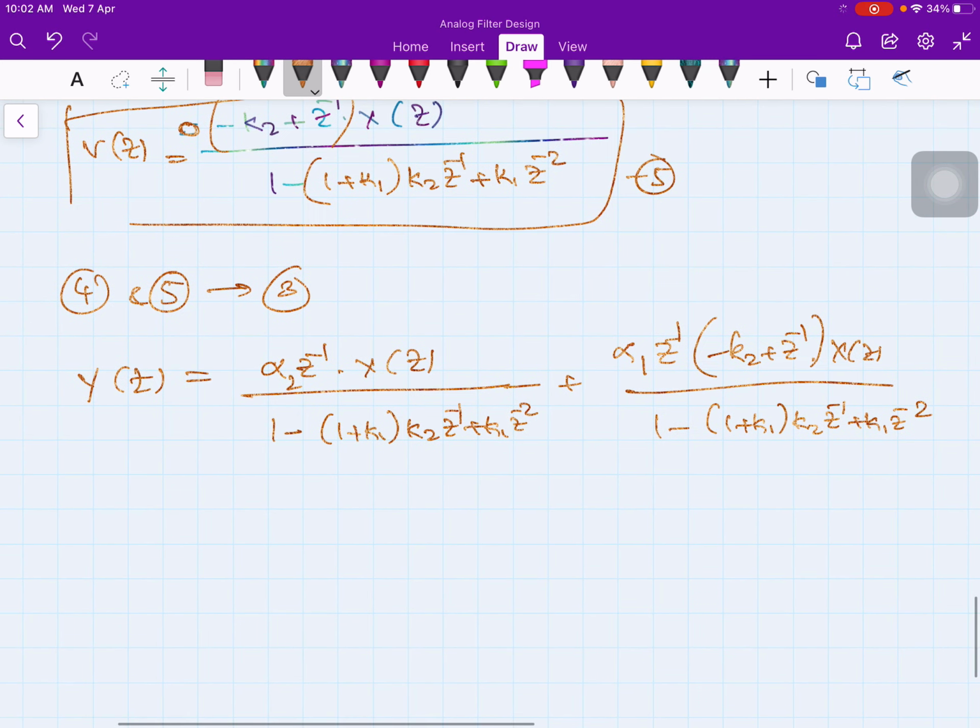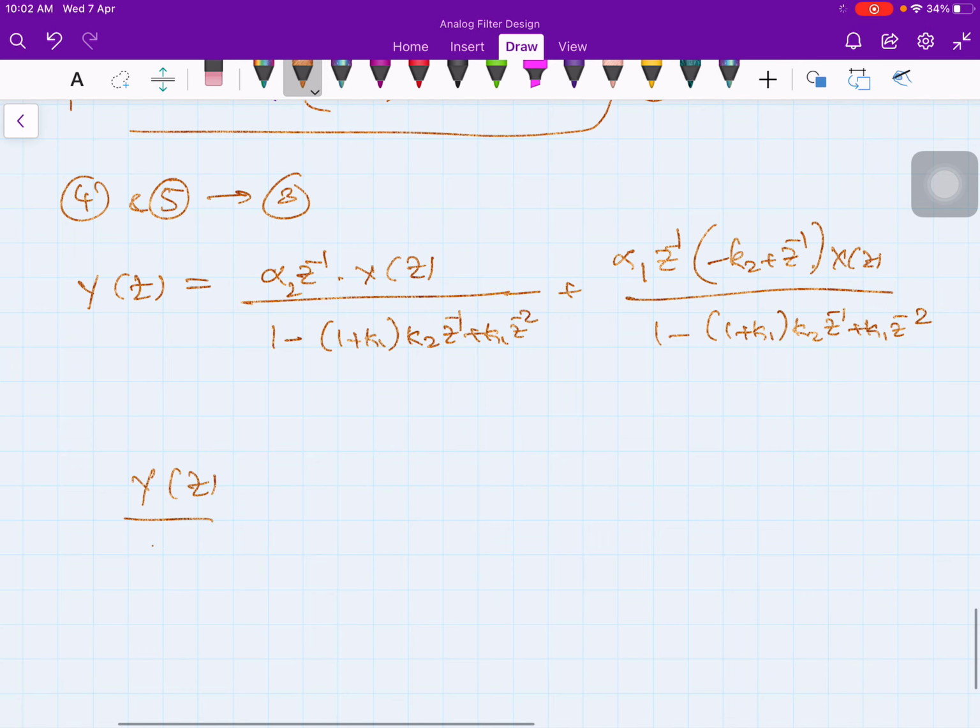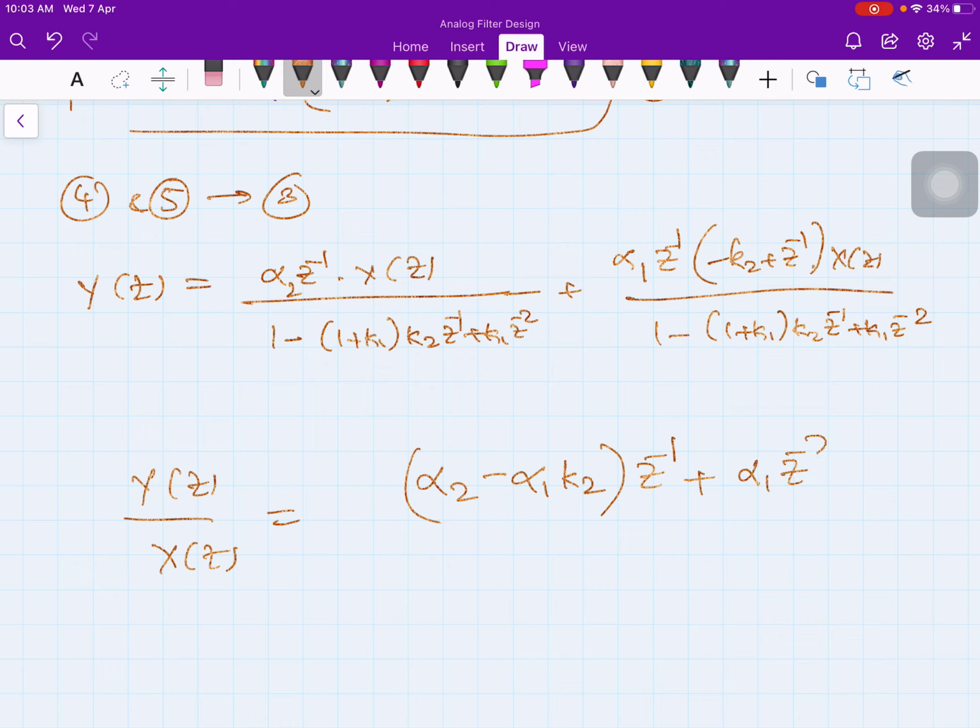So y of z divided by x of z, you bring x of z to the left hand side, this is equal to alpha 2 minus alpha 1 k2 times z inverse plus alpha 1 z to the minus 2, divided by 1 minus 1 plus k1 k2 z inverse plus k1 z to the minus 2.